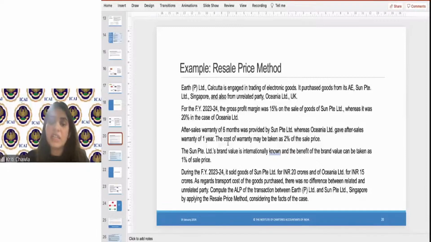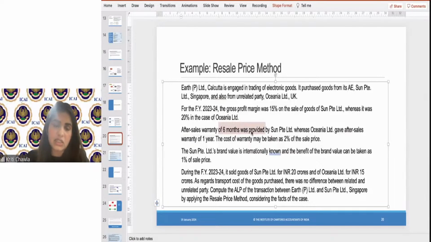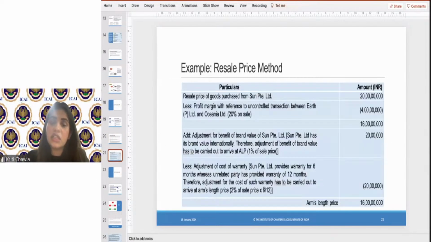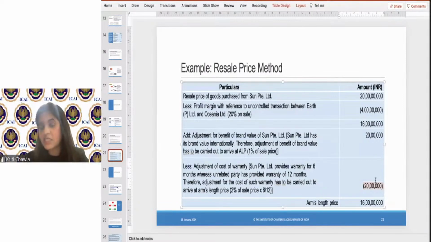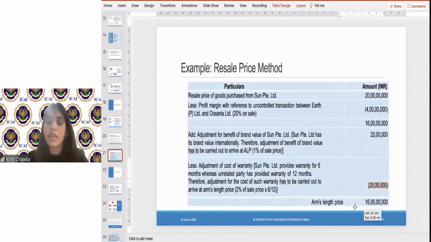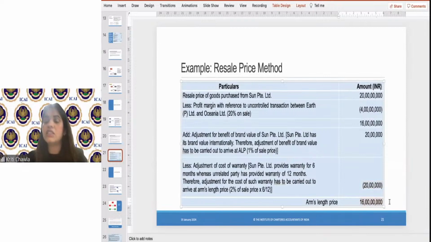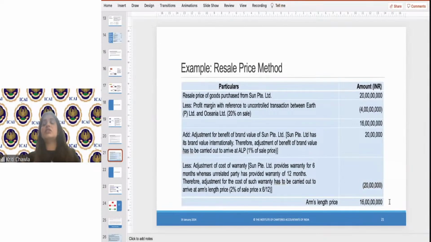But the warranty, if you see, is 6 months that was provided. So then into 6 by 12. So the warranty comes to 20 lakh. This will be lessened. And the arm's length price actually comes to something called 16 crore rupees. So meaning to say that the arm's length price should have been 16 crore rupees for this related party transaction.